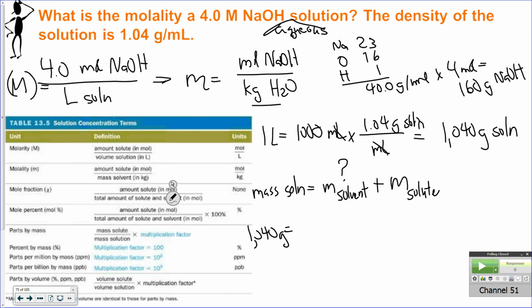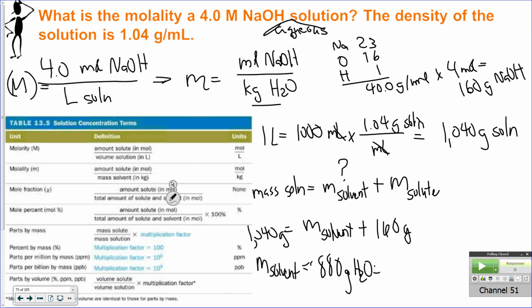So mass of the solvent plus the mass of the solute, there's 160 grams of the solute in there. So now if I subtract over, the mass of the solvent is going to be the 1040 minus the 160, so 880 grams of water.